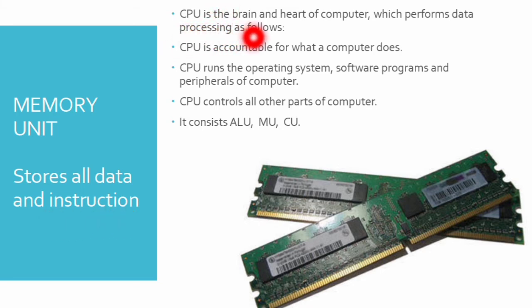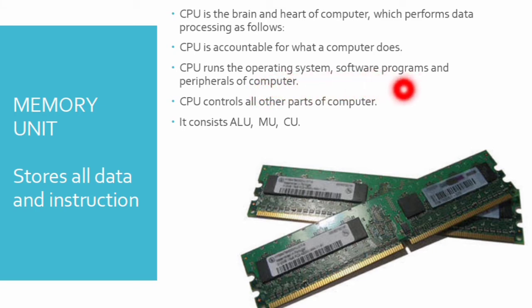As CPU is the brain and heart of the computer, it performs data processing as follows. CPU is accountable, that is, CPU is responsible for what a computer does. CPU runs the operating system. Operating system, either it may be Windows 7 or Windows 98.